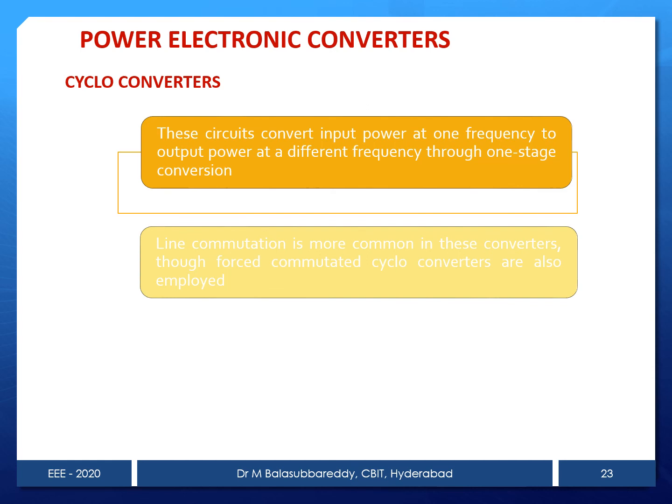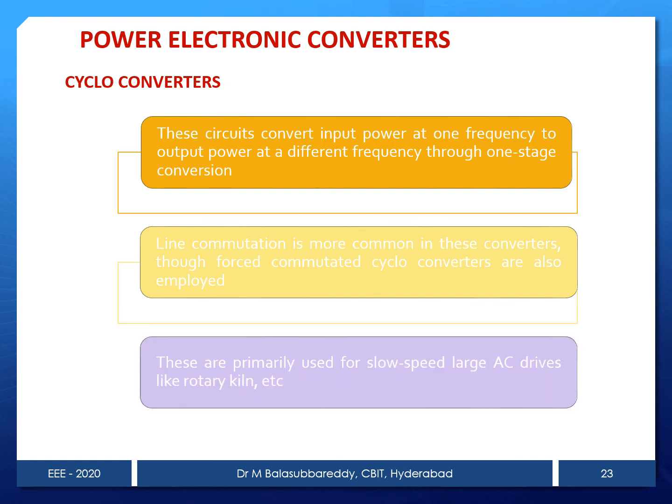Input is AC, but for the step up cycloconverter, we use forced commutation, which we'll see in that particular unit. It is used in slow speed large AC drives like rotary mills for high rating applications.